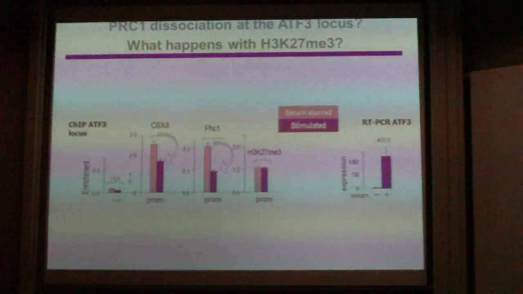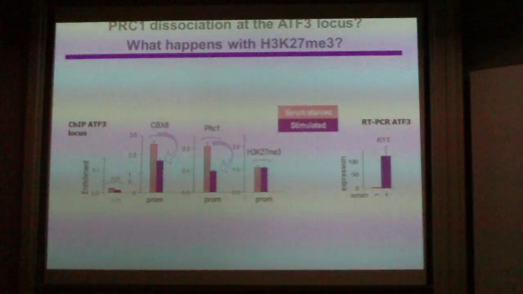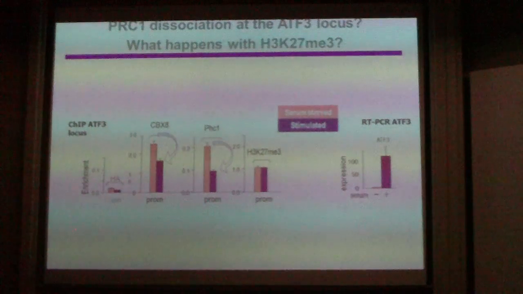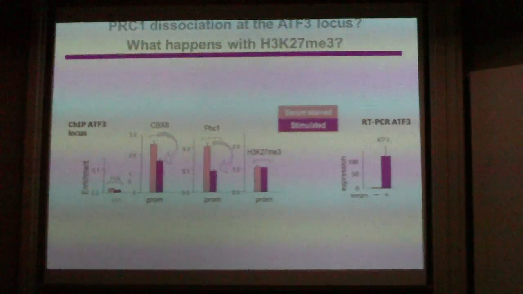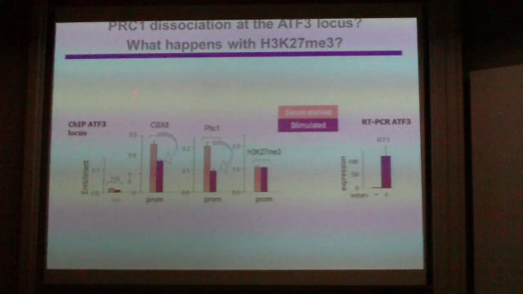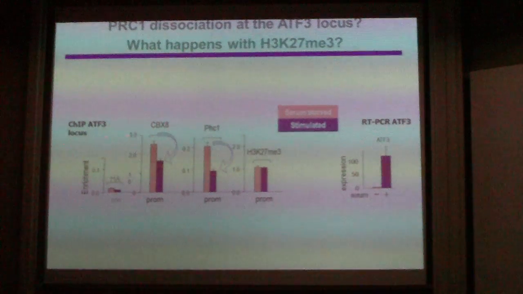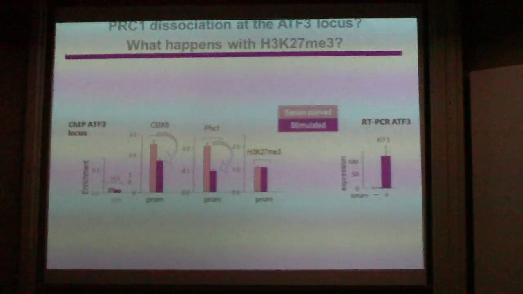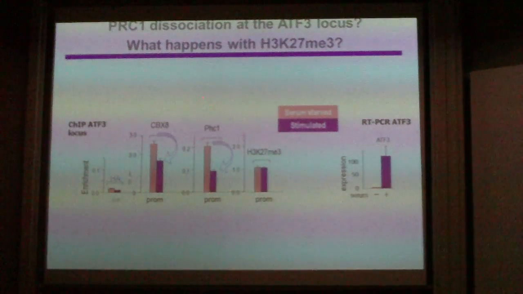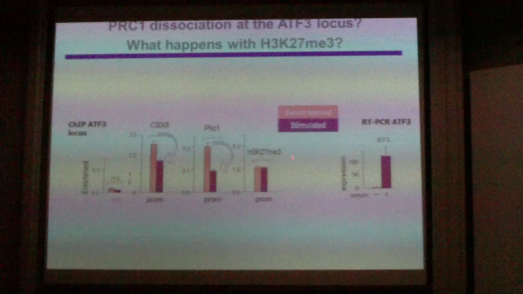So now we look at what happens with PRC1 dissociation at the specific ATF3 locus. So we did a ChIP, we designed primers for the ATF3 locus, and we did the chromatin immunoprecipitation for two polycomb proteins, CBX8 and PCGF1, and we also looked at the polycomb epigenetic mark.